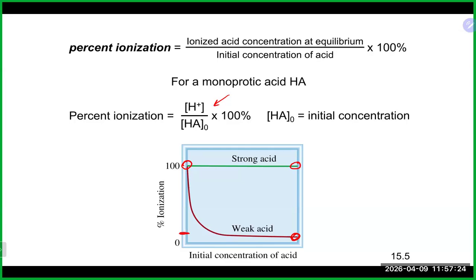So the bigger the initial concentration you start with, the amount of ionization or H plus that is going to come off in the solution is going to be relatively small. And that's why those assumptions work okay when it's less than 5%. But you can see if you drop to a smaller initial concentration, you end up with a much higher percent ionization, as in my pizza example.